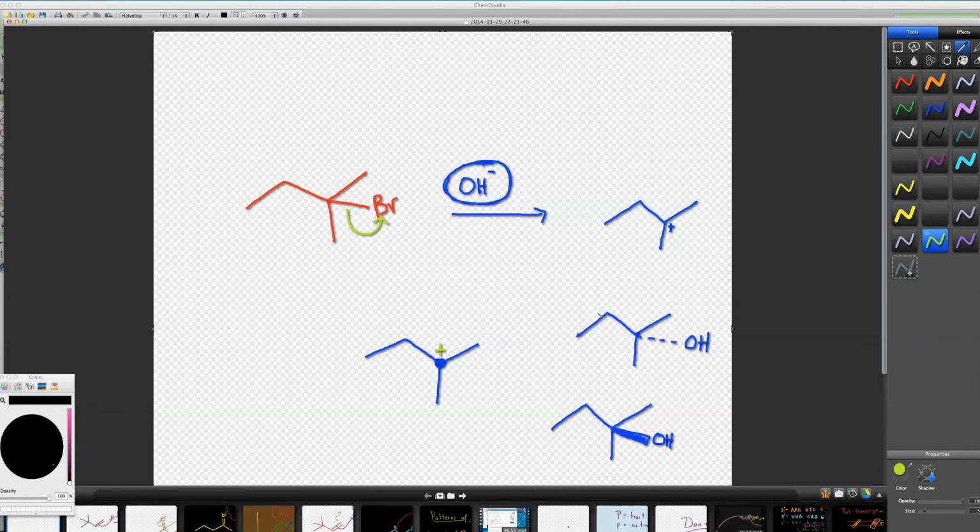And so this is, number 1, loss of a leaving group. Number 2, nucleophilic attack. So in short, these are the mechanistic steps you need to know. Proton transfer: look for a hydrogen being swapped from one atom to another. Rearrangement: look for the formation of a more stable carbocation.